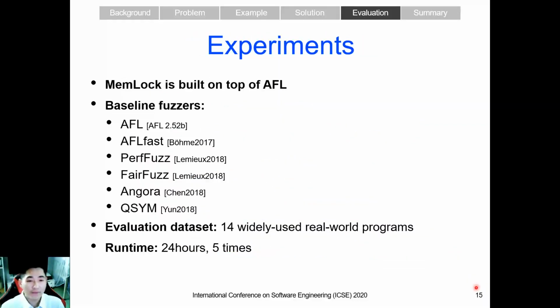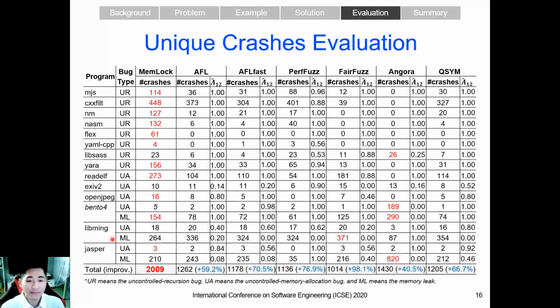We have built MemLock on top of AFL and have conducted experiments against a number of state-of-the-art fuzzers. We first evaluate the number of unique crashes found by different fuzzers.